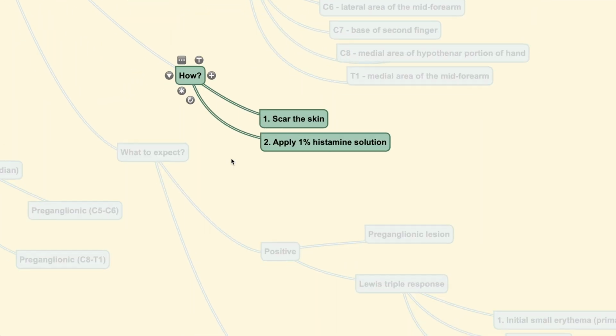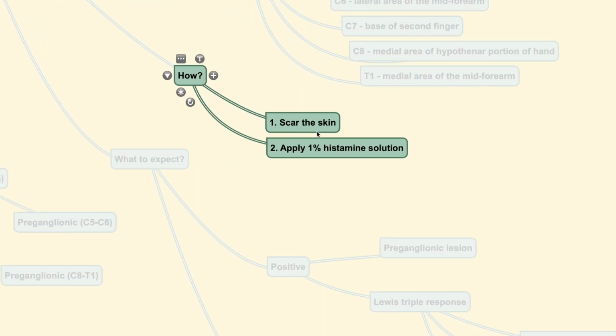Now the next thing to do after you have known the area to do this test is how to do it. So what you do is you need to scratch the skin using a needle or maybe the back edge of a knife. The thing is you just need to scratch the skin but do not make a wound on the skin. So after you have scratched the skin, the next thing you do is you need to apply a histamine solution of 1% concentration.